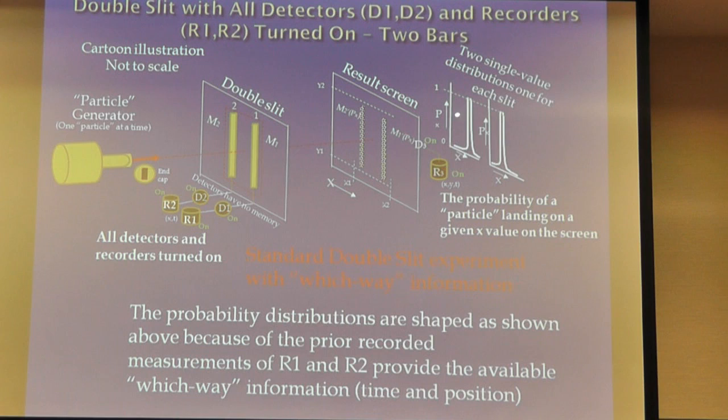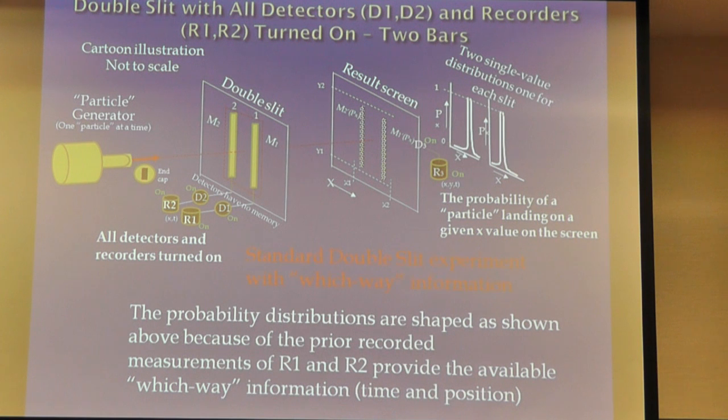So these now are probability distributions. This is called a single value probability distribution, which means it can only have one answer. It's zero everywhere except right there at that x value. And of course that x value would be right here for that one. That'd be this x1. And this is another separate probability distribution for this one, and right there at that peak would be where the x2 is.